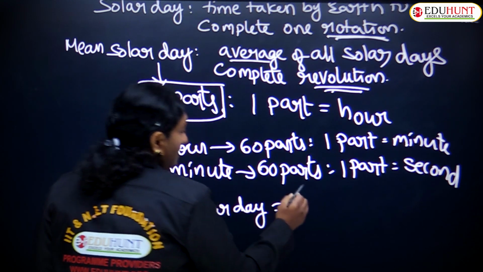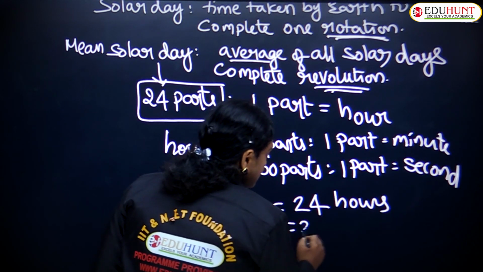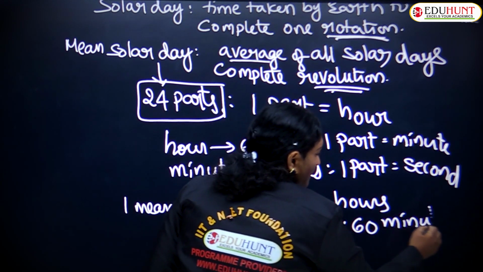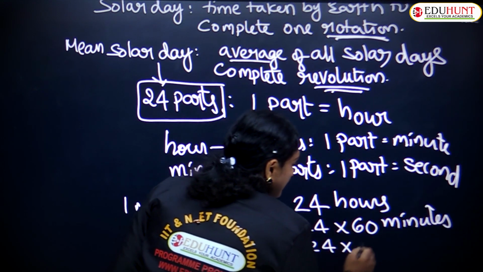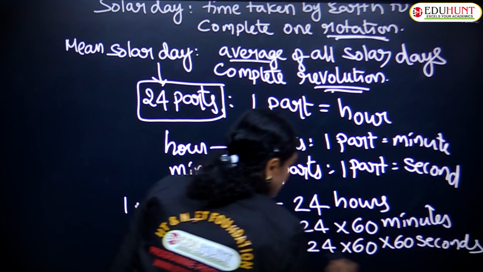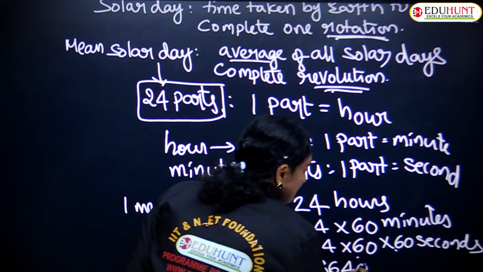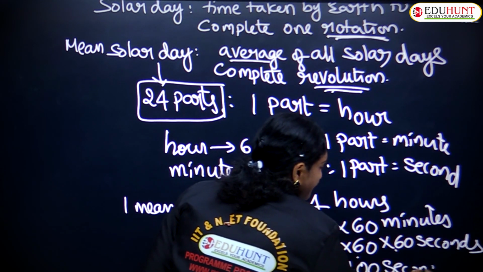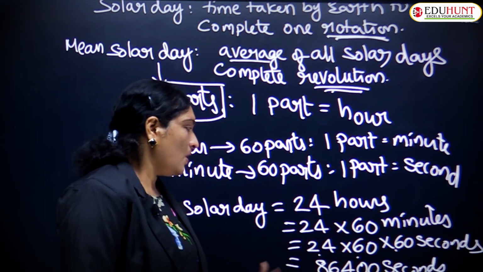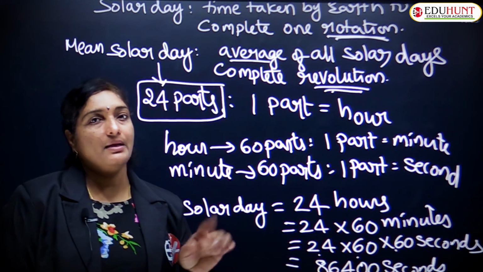So finally, one mean solar day consists of 24 hours. Each hour consists of 60 minutes and each minute consists of 60 seconds. So we have 24 into 60 into 60, that is 86,400 seconds. One mean solar day consists of 24 hours, or 86,400 seconds, or 1,440 minutes.